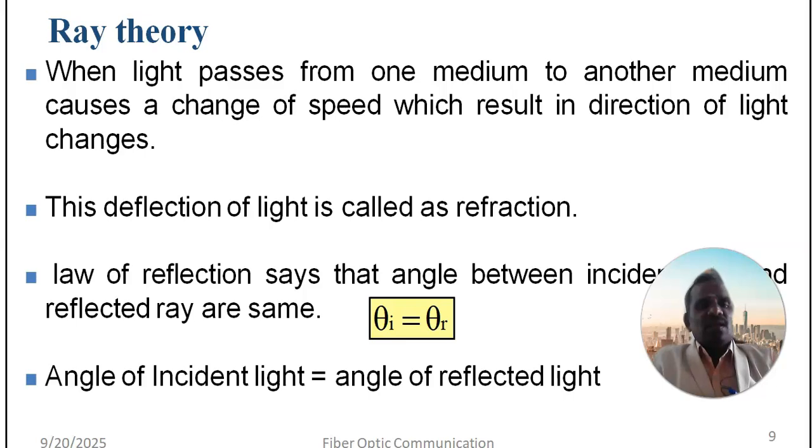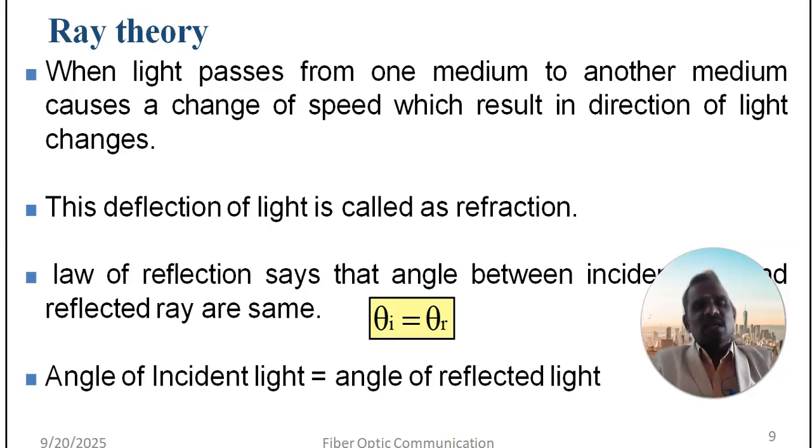Then ray theory. When light passes from one medium to another medium, it causes a change in speed which results in a change in direction of light. When light is sent from a lighter medium to a denser medium, it will not go straight; it will bend away from the normal.